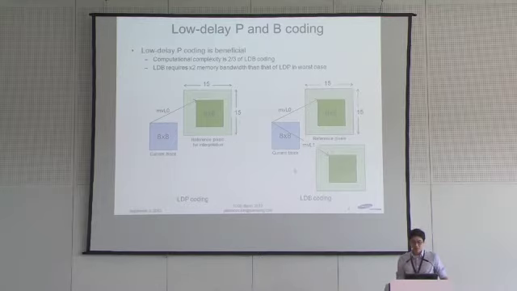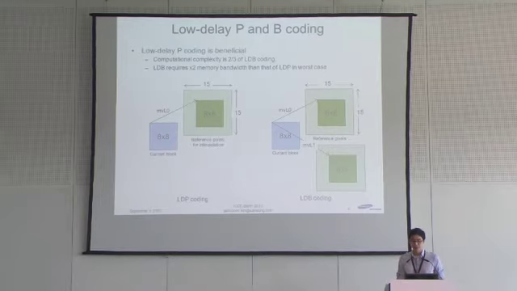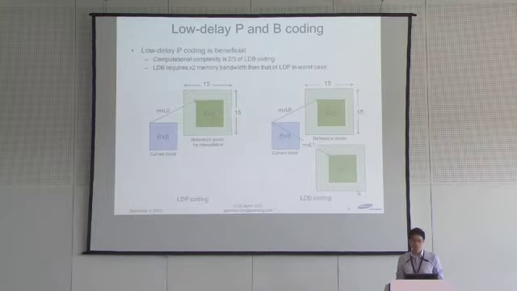Moreover, in low delay B coding, the current block requires two reference blocks, list 0 and list 1, so the required memory bandwidth is twice that of low delay P coding. Memory bandwidth is a very typical concern when implementing real-time video coding, so reducing memory bandwidth is very important.